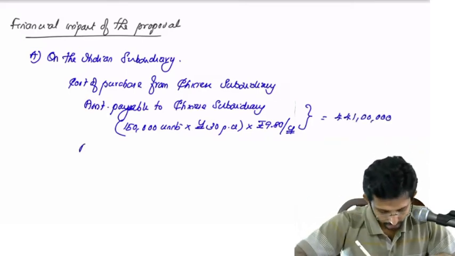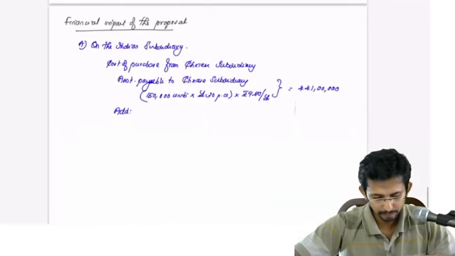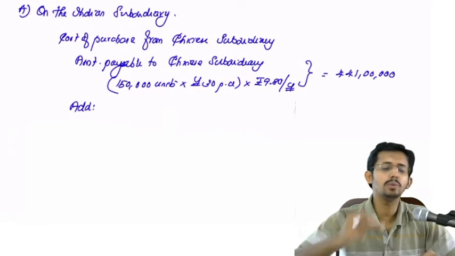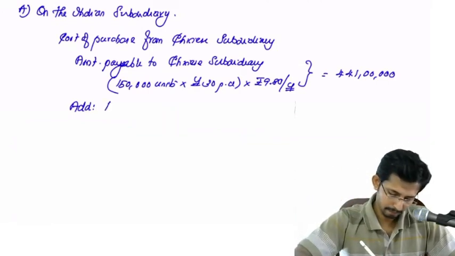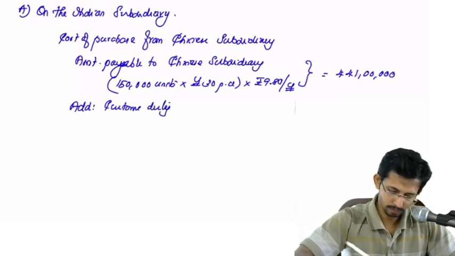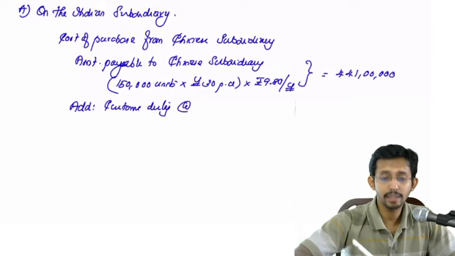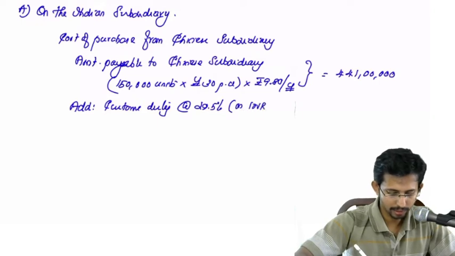Okay, then add, what should be added? Customs duty, because when they import the goods from the Chinese subsidiary, they need to pay the customs duty at 29.5%. In bracket you can write on INR equivalent.